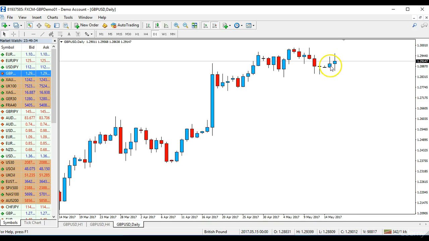That's all it does. So with a candle, you can see at a glance where it opened and where it closed, and it gives you a visual representation of what it did that day.